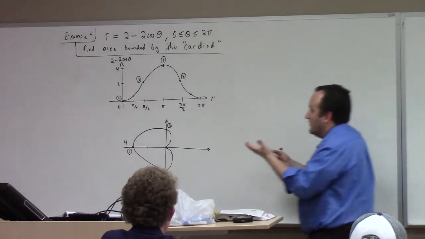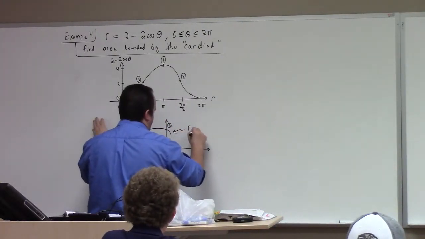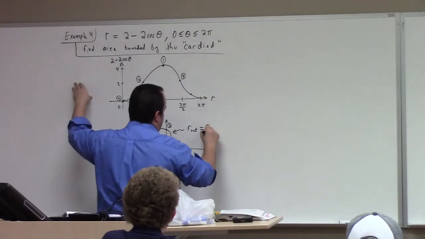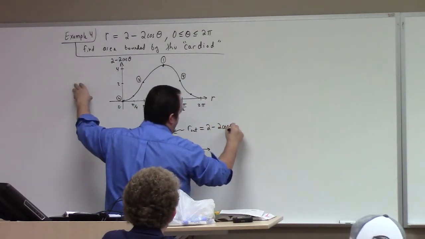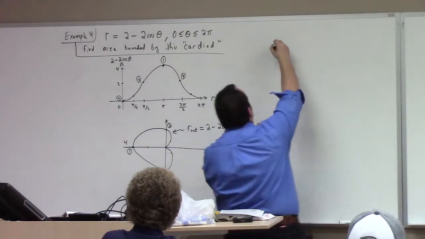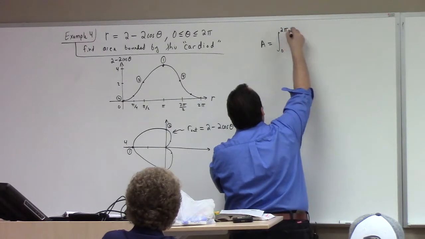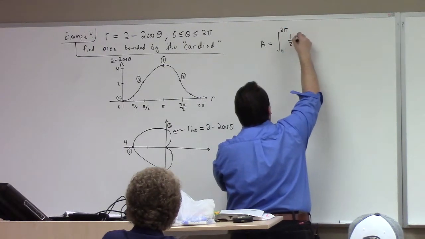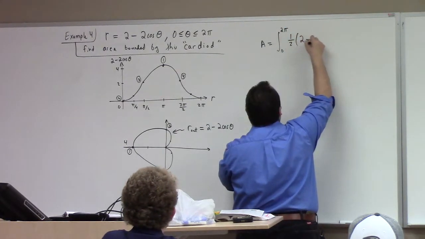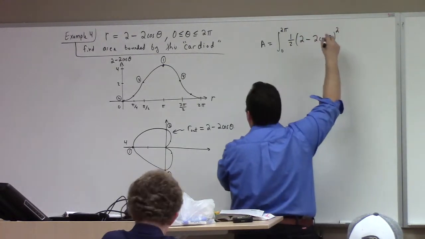R_in is 0 here, and this shows me that R_out is just equal to 2 minus 2 cosine theta. And so all we got to do to calculate the area is integrate from 0 to 2 pi, 1/2 of (2 minus 2 cosine theta) quantity squared, d theta.